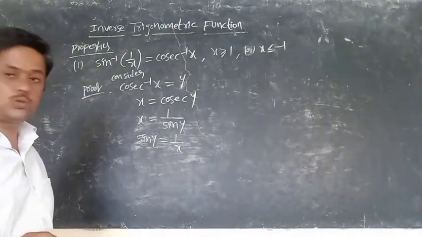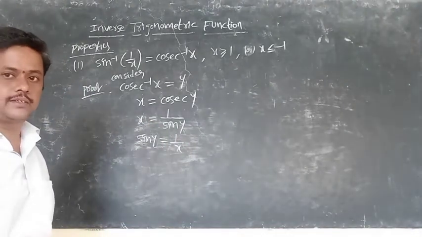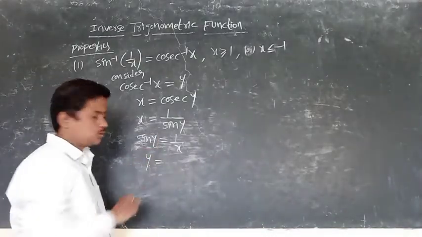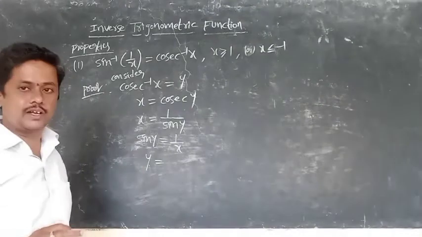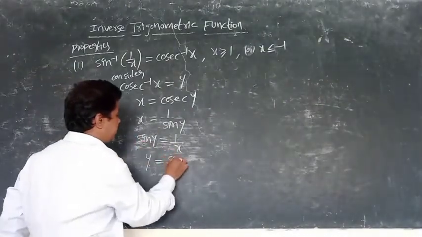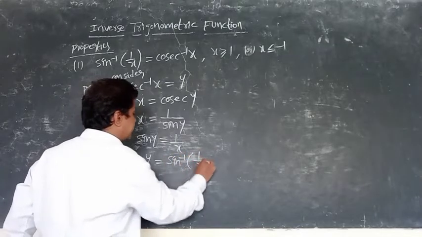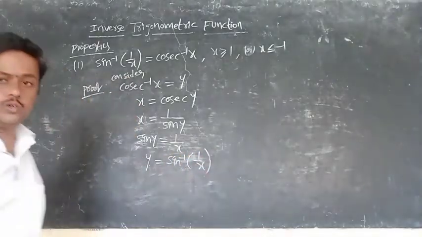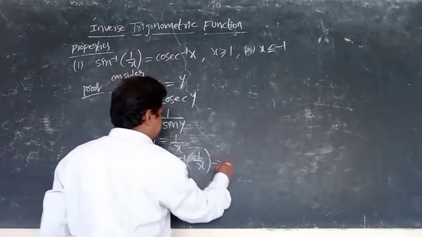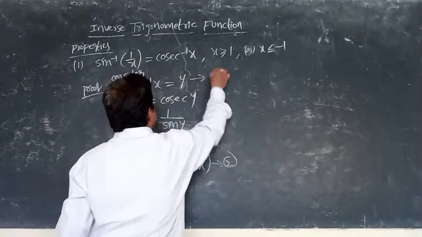Now what is y? By the definition of sin inverse, y is equal to sin inverse of 1 by x. Consider this equation number 2, and the previous one equation number 1.